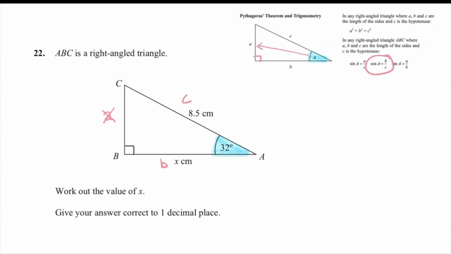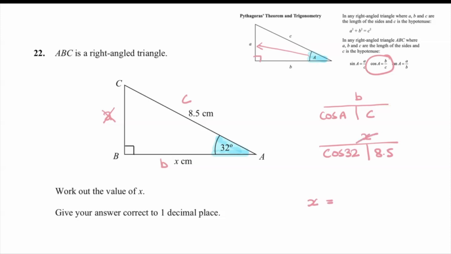I am still going to use my formula triangle. So cos A is on the bottom, B is on the top of the fraction, C is underneath. Now the capital letter A is my degrees. So I'm going to rewrite this now as cos 32, B is x, and C is 8.5. I always write x first and then my equal.